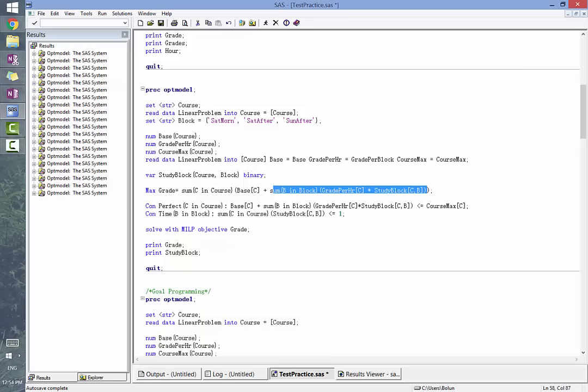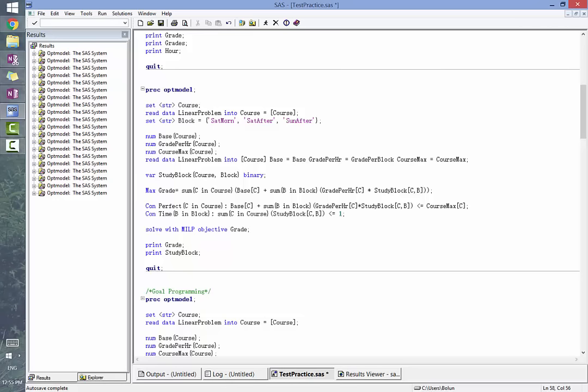And the grades we will gain from studying is calculated by grades per block times a yes or no decision on whether we're going to study that block, summed over all blocks. Be careful not to put base C inside here, because it's going to add base C multiple times, and I made that mistake and it took me a long time to debug.